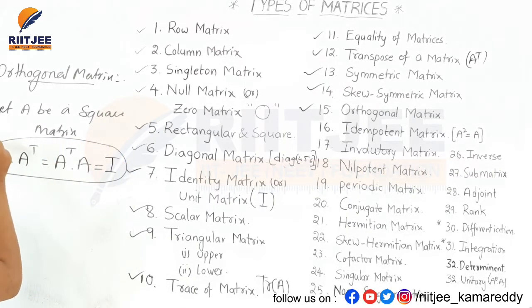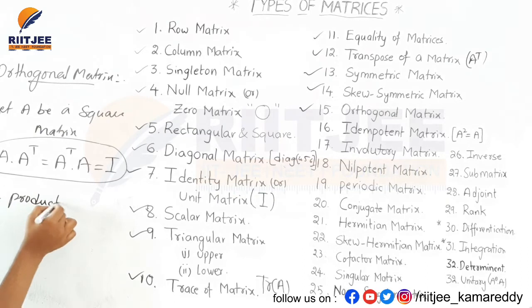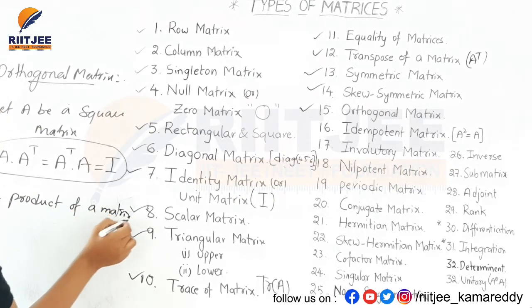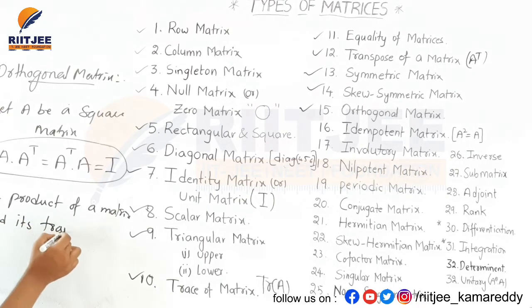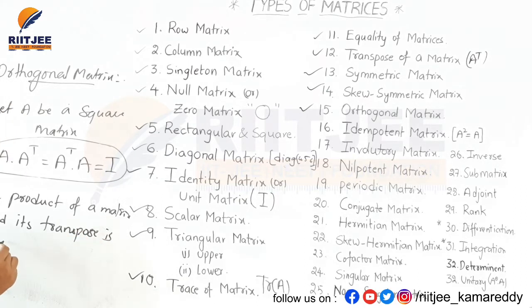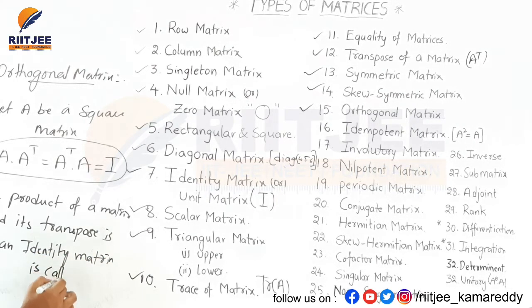This is an important point. The product of a matrix and its transpose is an identity matrix, is called orthogonal matrix.